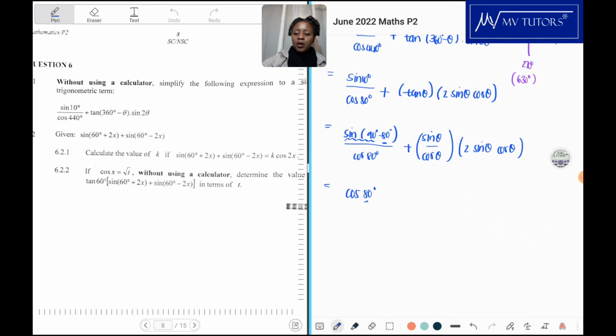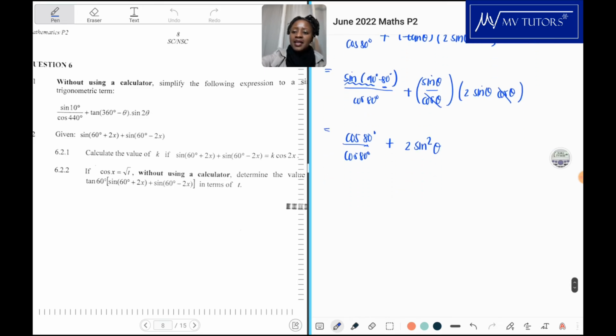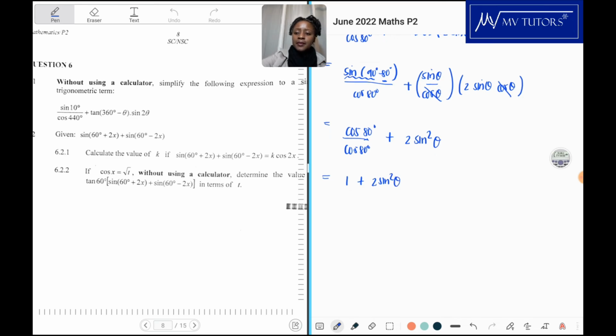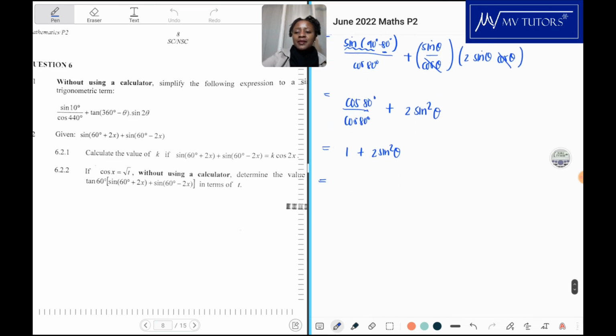But moving right along. So we have cos 80 over cos 80, and then we have sine. So the cos and that cos can basically cancel. Then I have 2 sine squared theta. And then here I have 1, because cos 80 over cos 80 is 1, plus 2 sine squared theta.